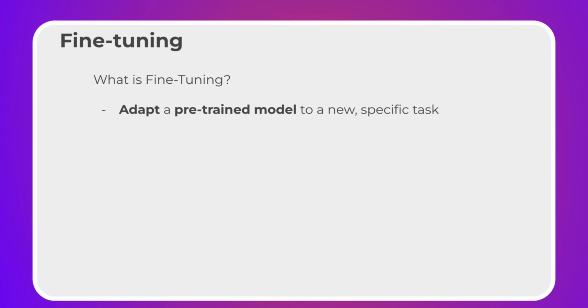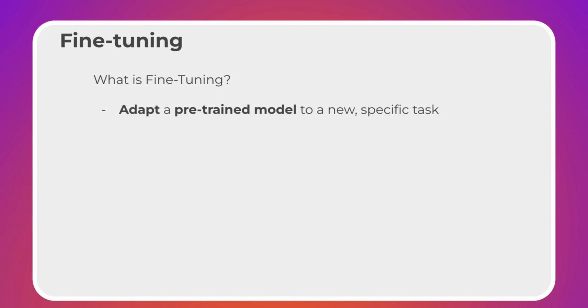Fine-tuning is the process of taking a pre-trained model, in this case GPT models or Llama models, which were already trained on a large data set, and adapting those models to new, specific tasks.